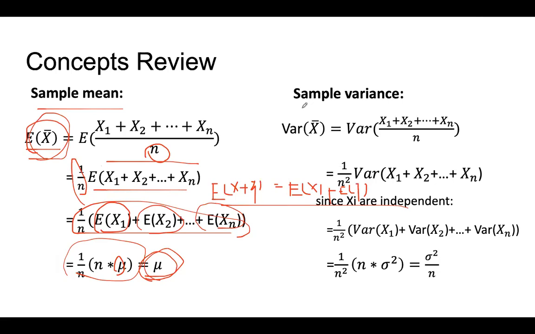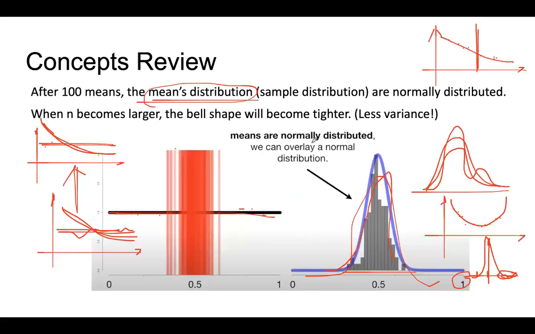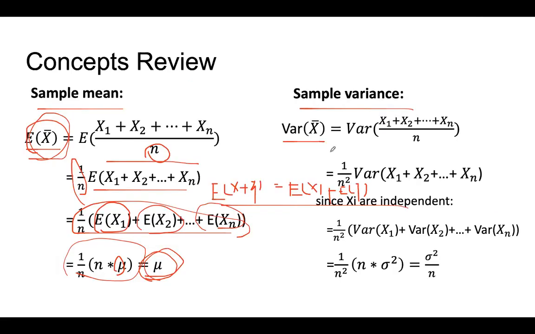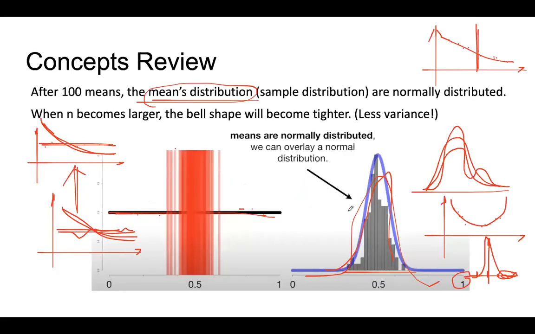And what about the sample variance? You may know the definition of variance, but what is the sample variance? It means the variance of the mean, right? So why do we care about the variance of the mean at this time? Because if we have a normal distribution, how tight is the distribution?